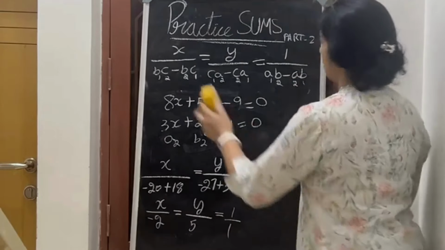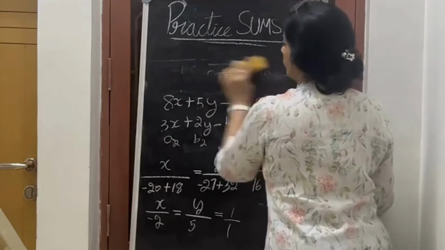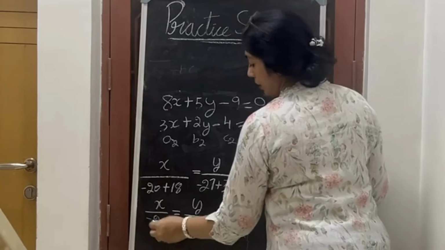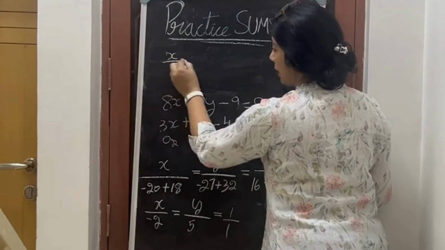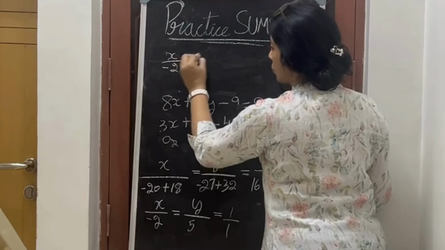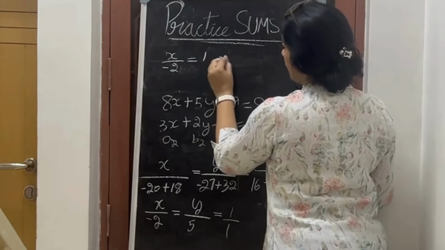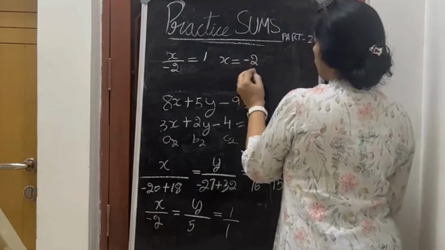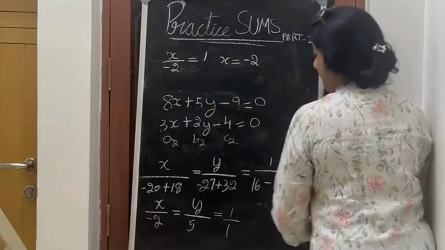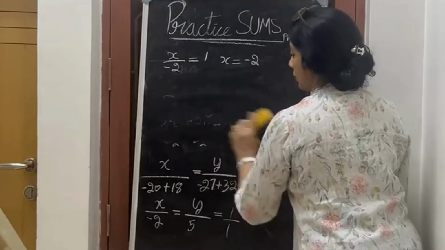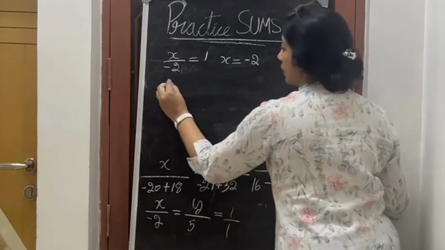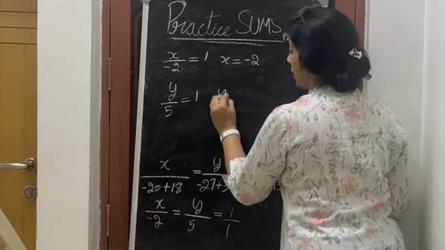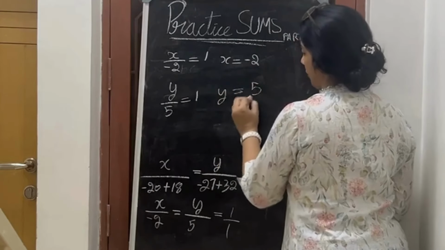So what will be my next step? x by minus 2 equals 1, so x equals minus 2. Then y by 5 equals 1, so y equals 5.